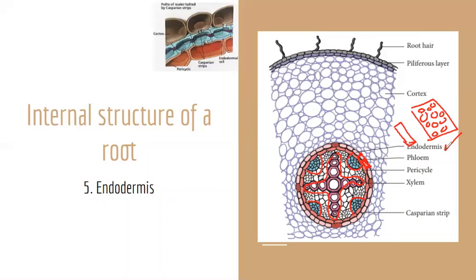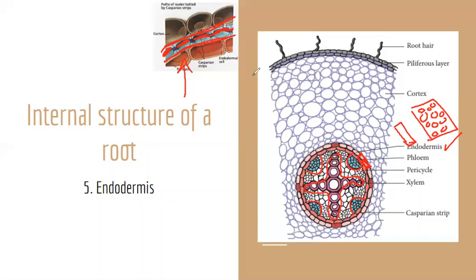Last thing, it looks like a strip, isn't it? Look at that picture. This is the endodermis layer, and there is a thickness in the middle of the cell. This is actually a special kind of cell wall, and on the radial axis there is a thickness, like bands, like a strip on the endodermis cells.